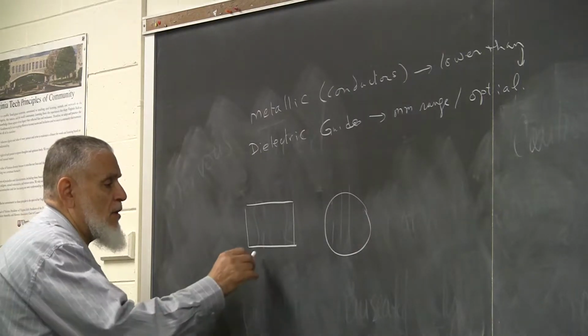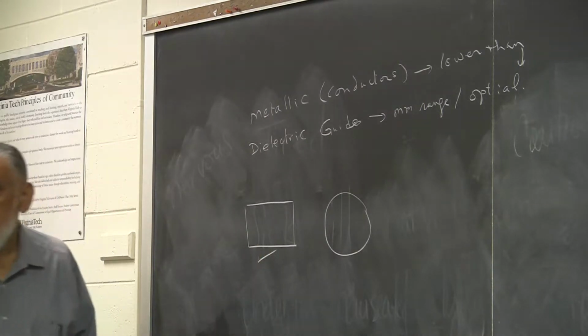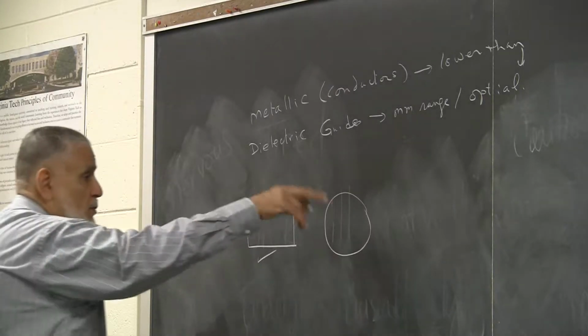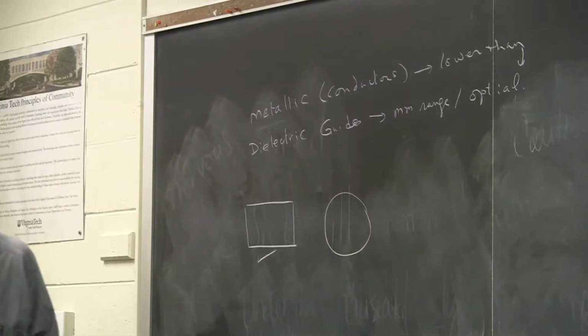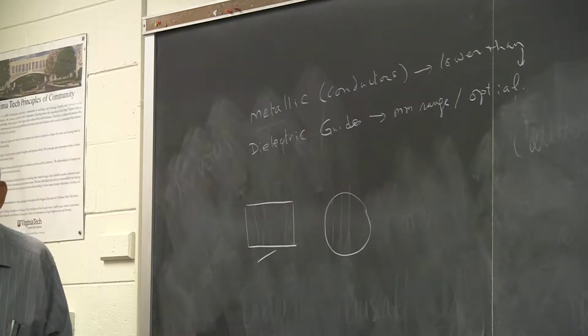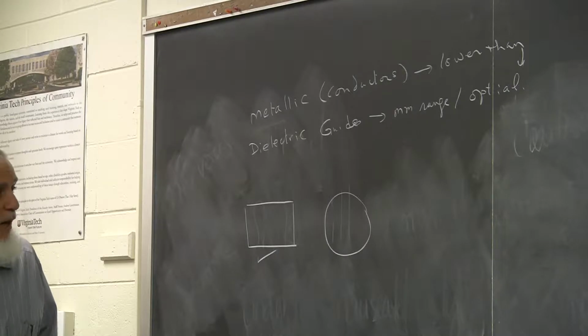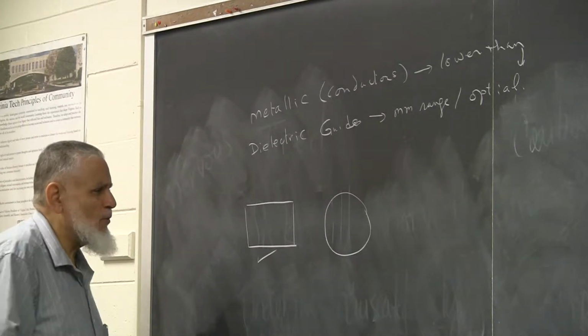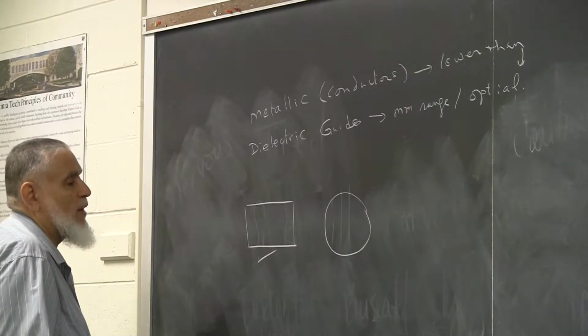And as it turns out, the rectangulars actually give you the best performance, although it's a harder thing to manufacture compared to a circular. A circular is a pipe, you can draw a pipe, you've seen pipes everywhere, right? But you haven't seen a rectangular pipe. Although in air ducts, they make them rectangular, right? But not always, some of them are also circular.